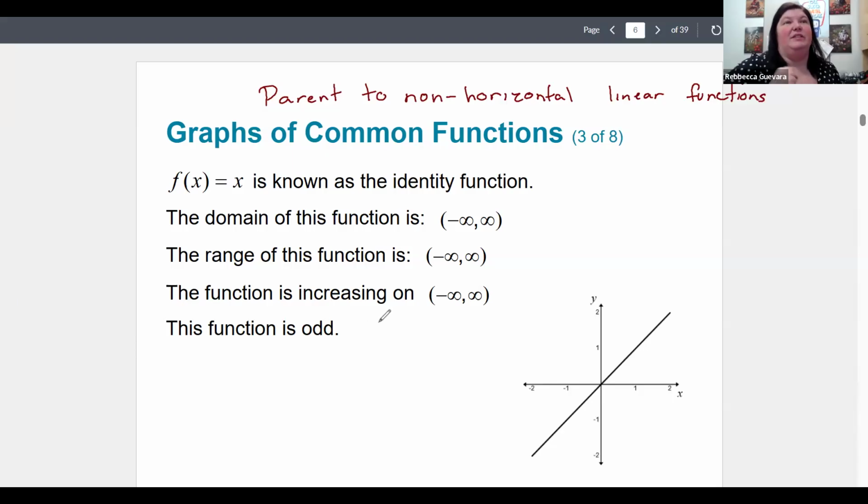What we see here is my domain is going to be all real numbers. My range is also all real numbers because it's going forever on both ends. And in this case, it's going to be increasing for all real numbers. And this one's odd because I'd have to reflect it over x and then reflect it over y. I need the two reflections and then we get the same graph back. Or you spin it 180 degrees and you get the same graph back.